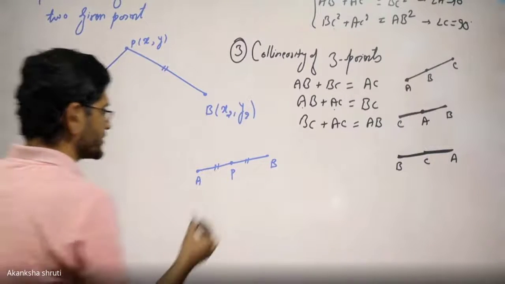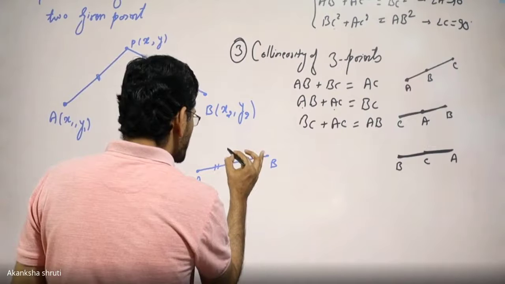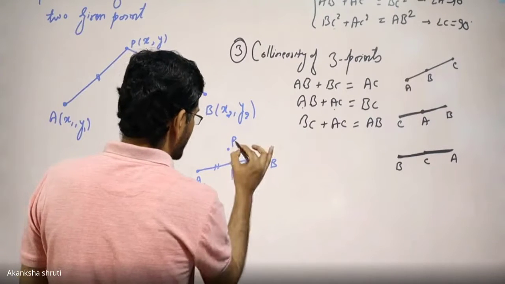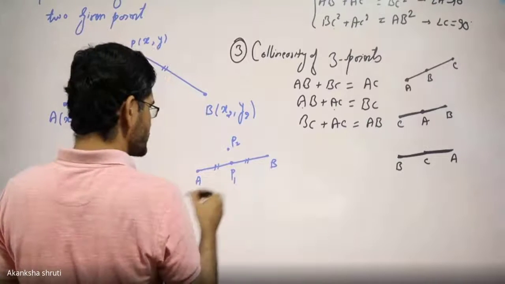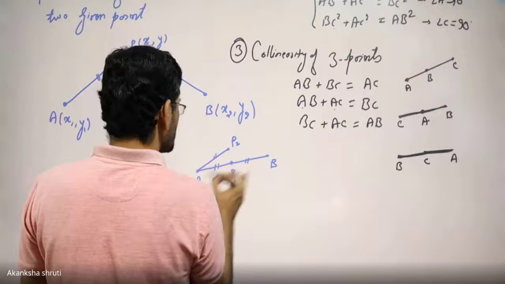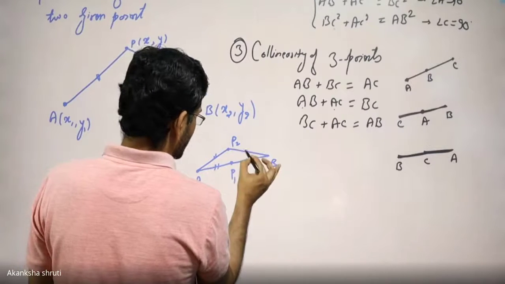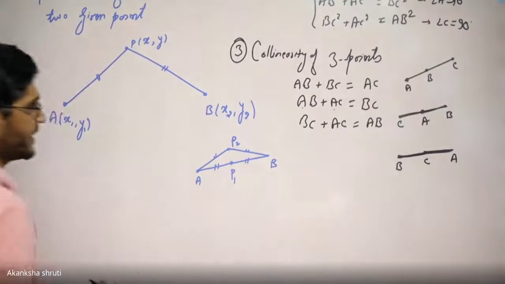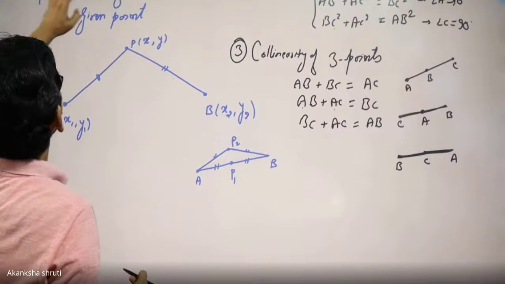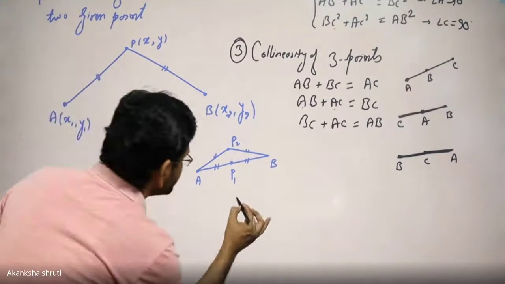Students, what else could there be? One may take the point P here also. Let us mark this as P1. It is also possible, so that this AP2 length is equal to this length. It need not be only this one point. Even we can take another point also.